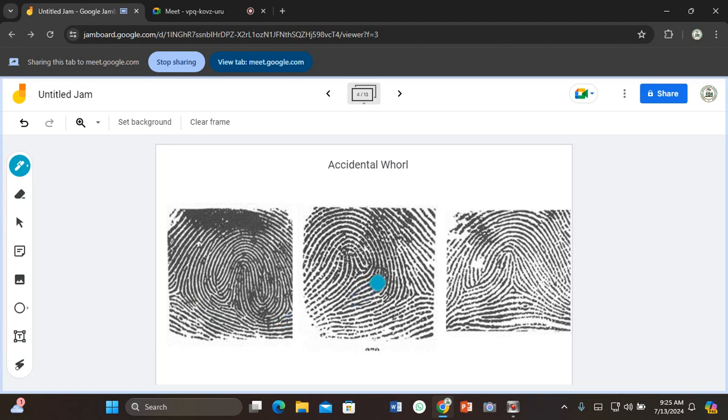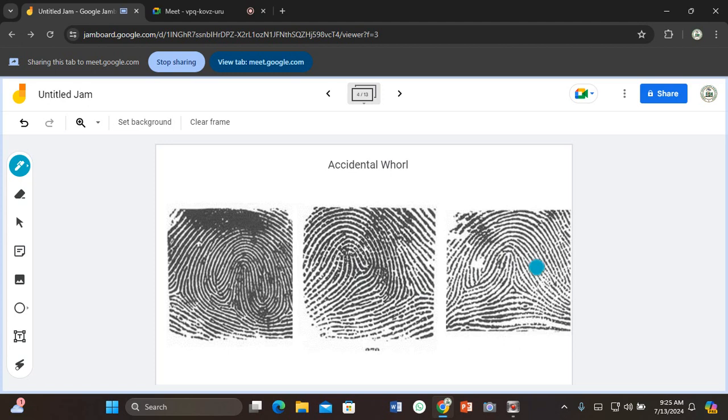Then this one has a combination of arch. This is tented arch plus double loop, and here we have a delta, and also we have a delta formation somewhere here.